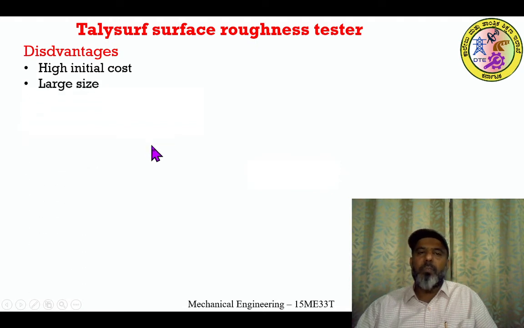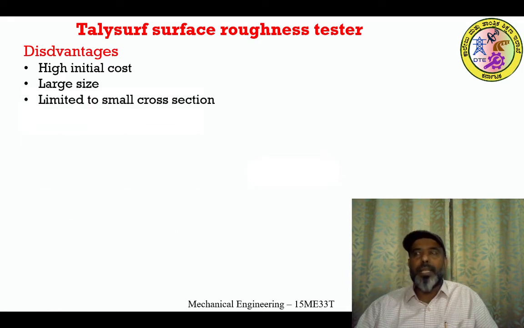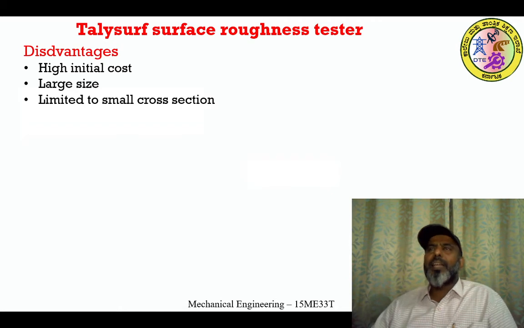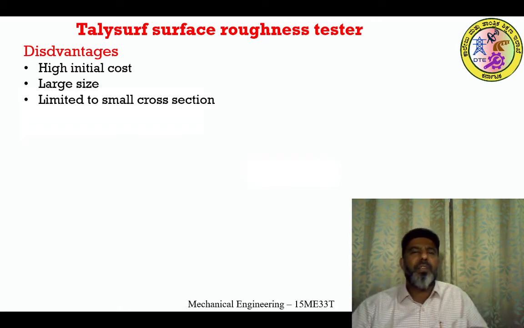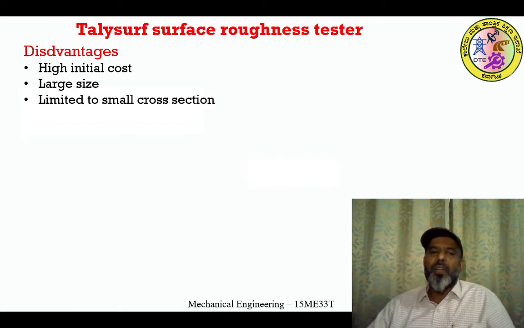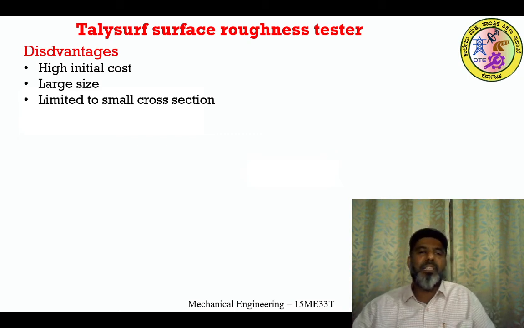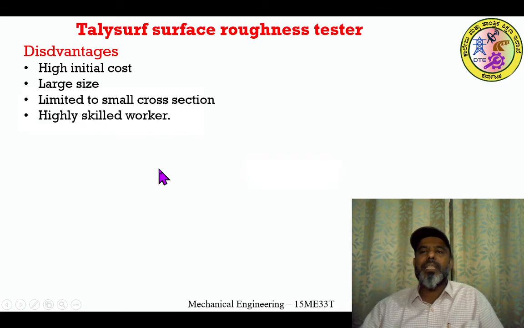Secondly, the machine itself is large, bulky and complex. Third, it is limited to surface roughness measurement only. Lastly, it requires a highly skilled operator to operate it.